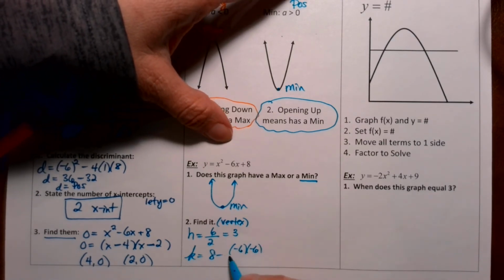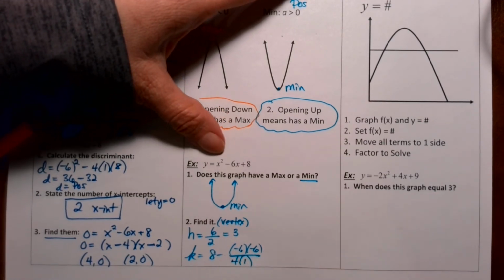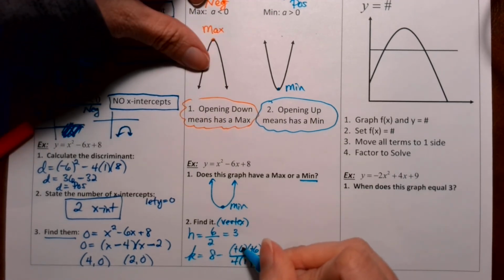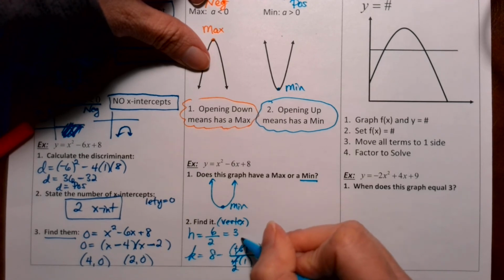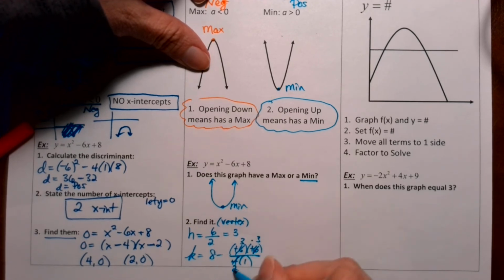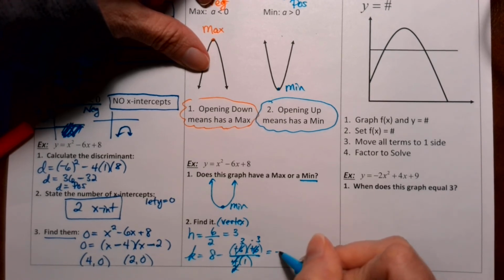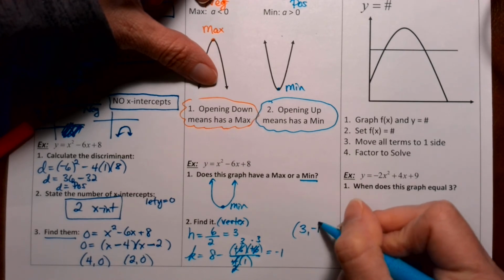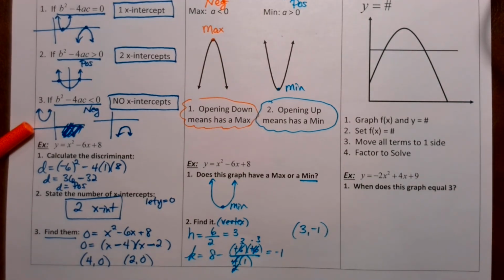That's negative 6 times negative 6 over 4a. The negatives will cancel. Cancel the 6 by 2, that gives me a 3. Cancel this 6 by 2, gives me a 3. 8 minus 9 is negative 1. So the vertex is the point (3, negative 1).